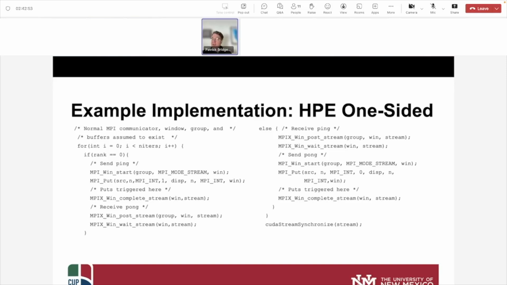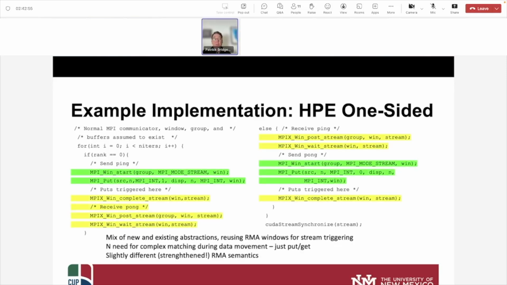So this is a little different. In particular, we're mixing old and new MPI instructions. We're reusing MPI win start and MPI put, but we're adding complete stream, post stream, and wait stream to change the semantics of how MPI communicates. One thing that's interesting here is the RMA semantics are a little different.